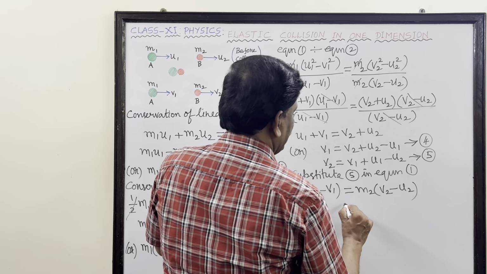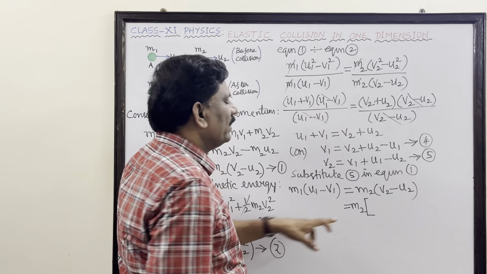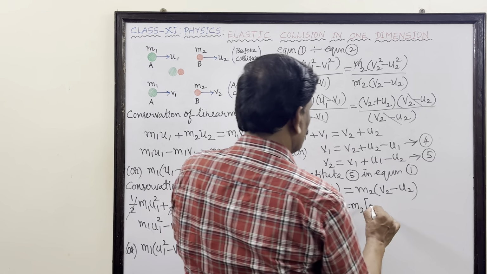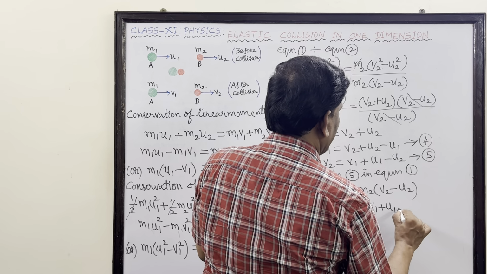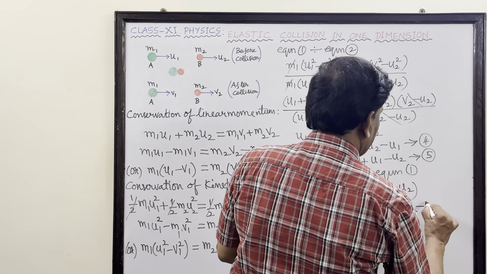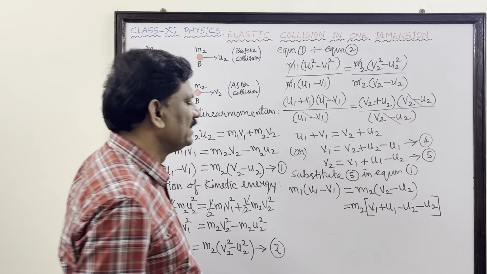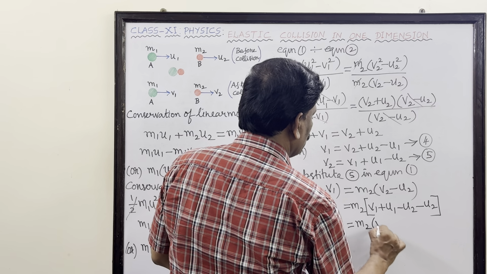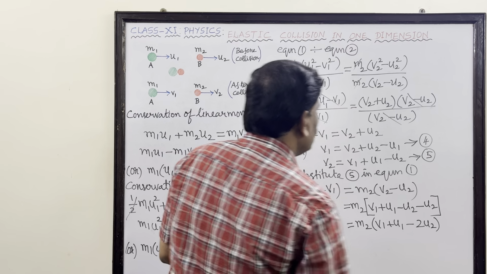The right hand side is now equal to m2 into v1 plus u1 minus u2, then one more minus u2 is here. So carefully we have to substitute without missing the terms. And this is now equal to m2 into v1 plus u1 minus 2u2.